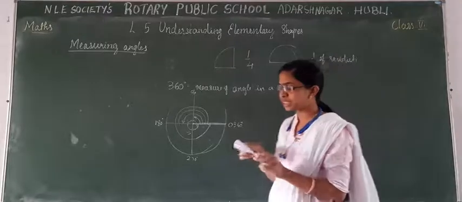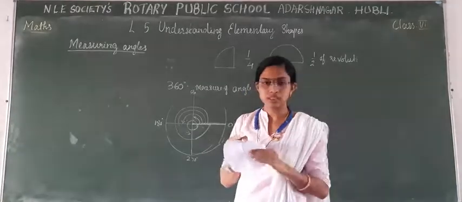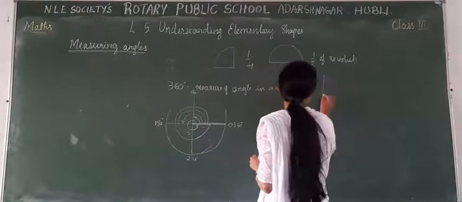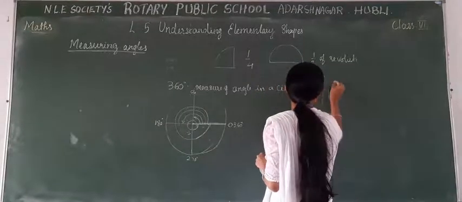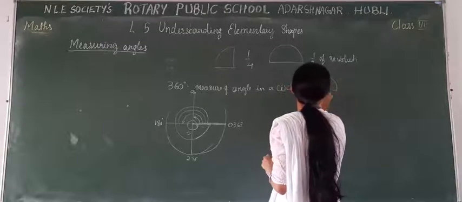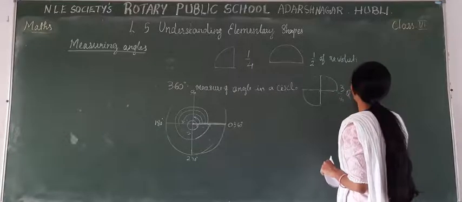So when you take these 3 and leave off 1, it is 3/4. Leaving this portion, it is 3/4 of a revolution.